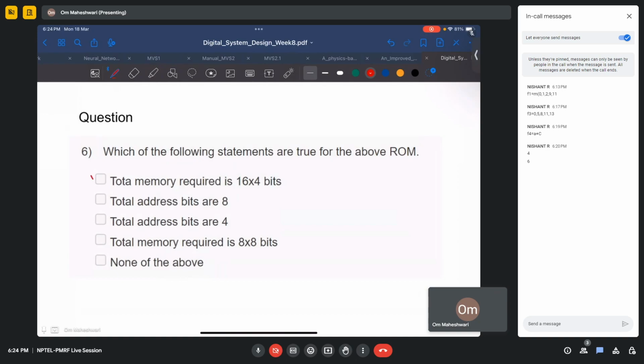Right. So we had 16 rows of data of 4 bits each. So it is 16 cross 4. And to access 16 rows, we need 4 address lines, which were A, B, C, and D.